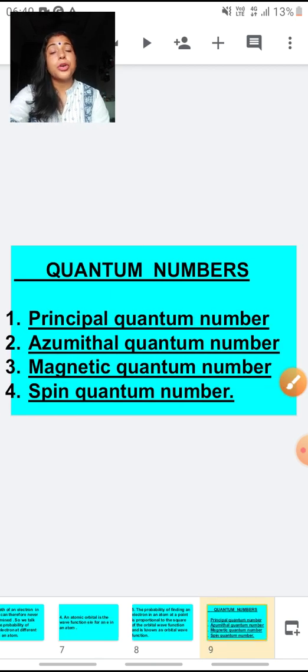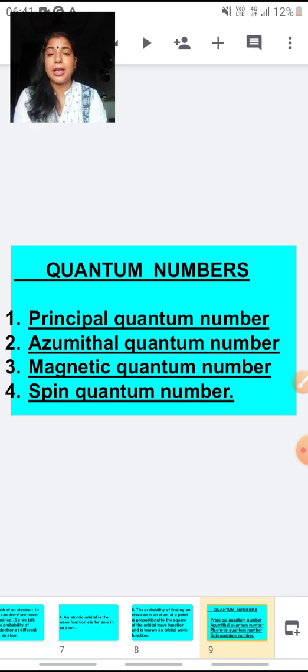Now children, on the basis of this, the important part that comes is the quantum numbers. Now what are quantum numbers? You can simply say they tell you about the address of electrons, the place where the probability of finding electrons is maximum. Now these quantum numbers are quite tough to explain in the form of slides.